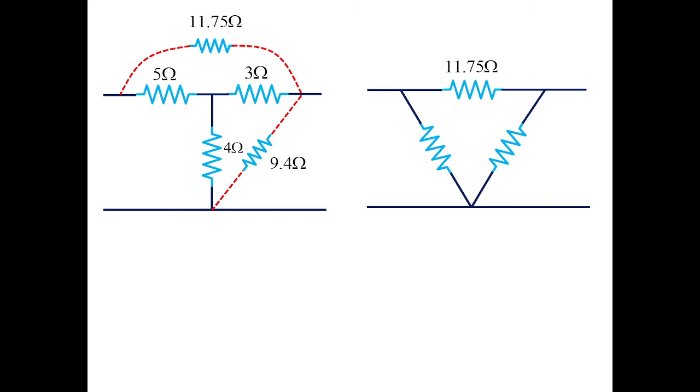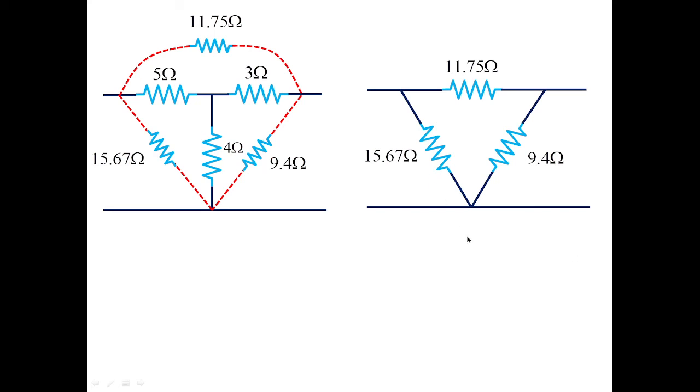This is the other resistance value of the delta network, so I'm placing 9.4 here. And the third branch resistance we obtained as 15.67 ohms, so we substitute it here. So this is a new delta network which is taking the shape of a triangle. A triangle or a closed loop or a pi network is nothing but a delta network.